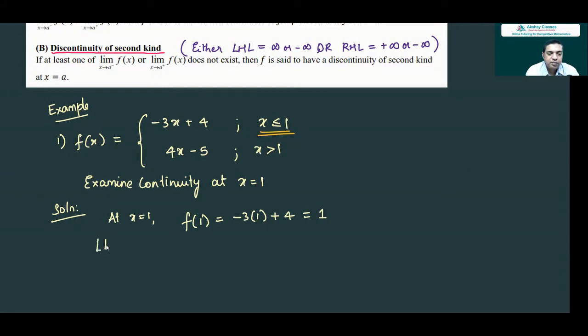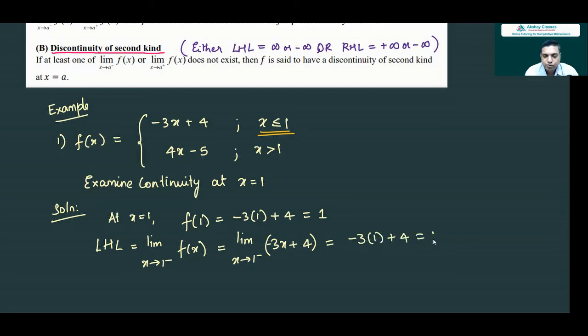Now the left-hand limit, limit as x tends to 1 minus of f(x). When x tends to 1 minus, it means x is less than 1, so the function is defined by minus 3x plus 4. So we have minus 3 into 1 plus 4, which is equal to 1.